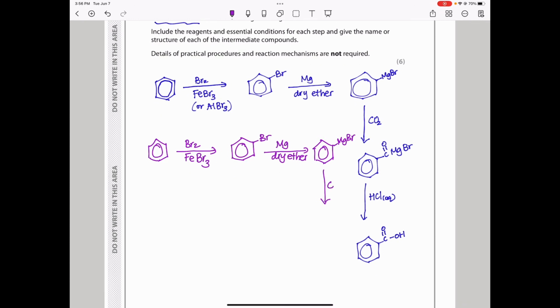The next step is to use carbon dioxide, and I will produce something like that, CO2MgBr, and finally, I can use acid conditions. Of course, this has to be aqueous acid, or acid and water, to produce the final product, which is that. That is benzoic acid, produced using Grignard reagent through bromobenzene.